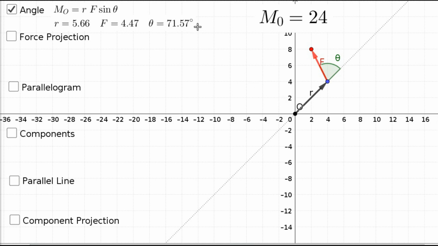And here we've got 71 degrees for this angle. And if I move it over here, we've got minus 45 degrees. Again, when it tries to go clockwise is a negative angle, and counterclockwise is a positive angle.